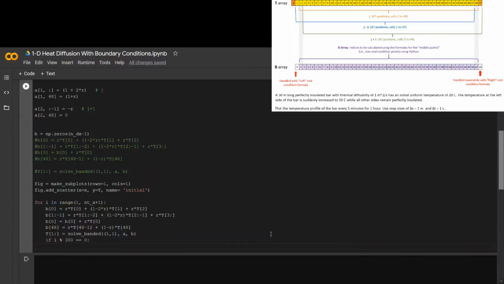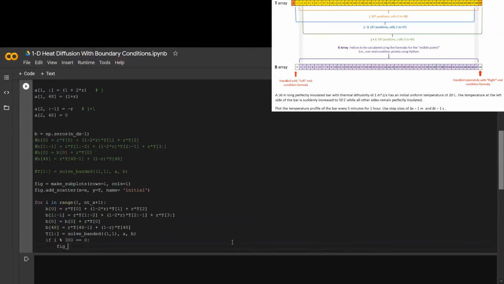So every single time, we're going to want to add another scatter, because we have that up right here, but we want to add a scatter for each of these iterations. So now let's do another add scatter.